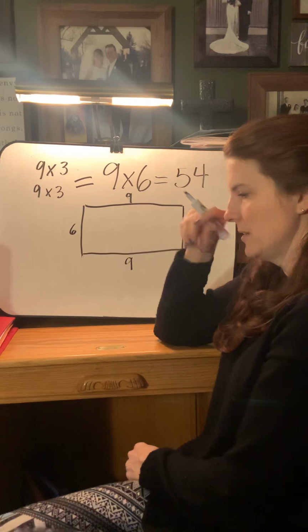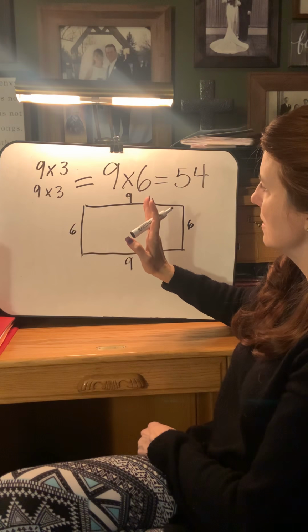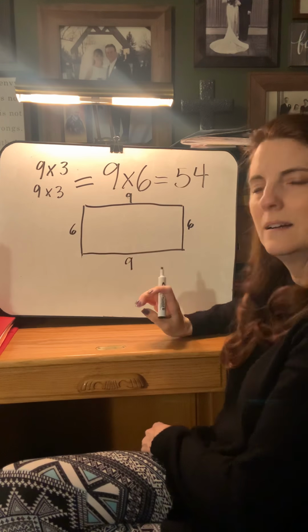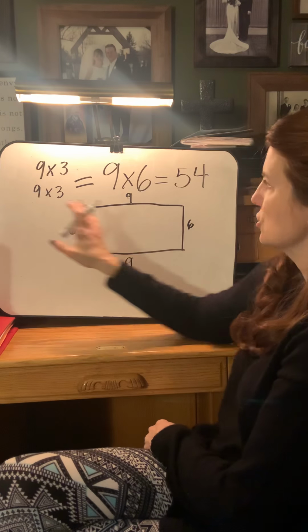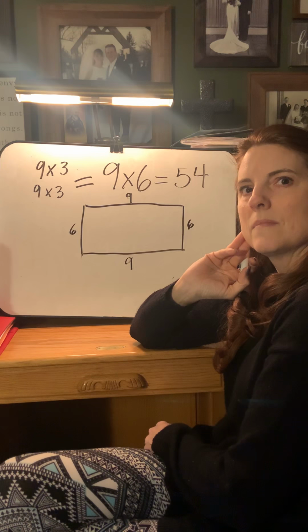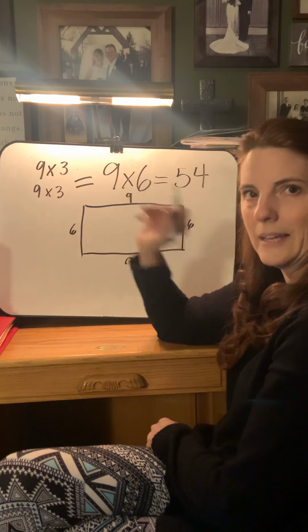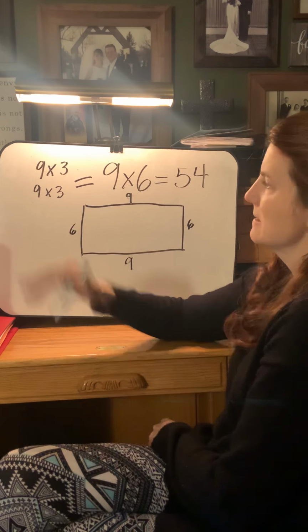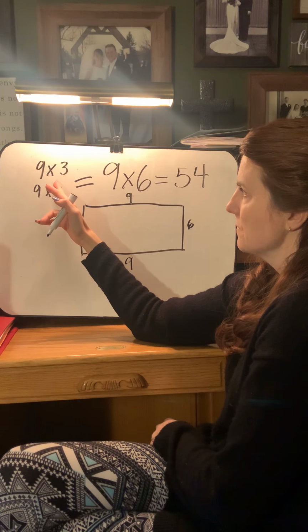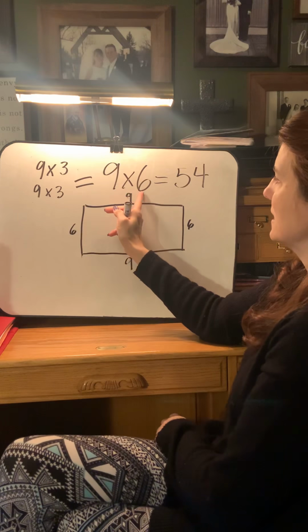So now my question is, could I break up my rectangle to show this? And if I did break up my rectangle to show this, what would it look like? 9 times 3 instead of 9 times 6.